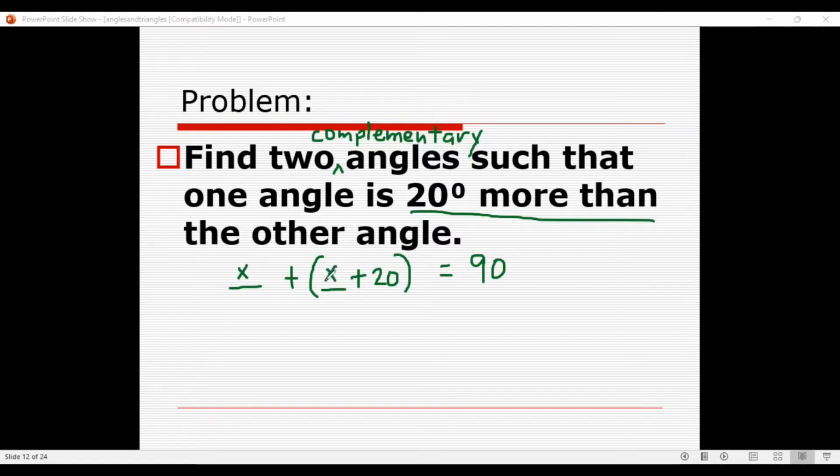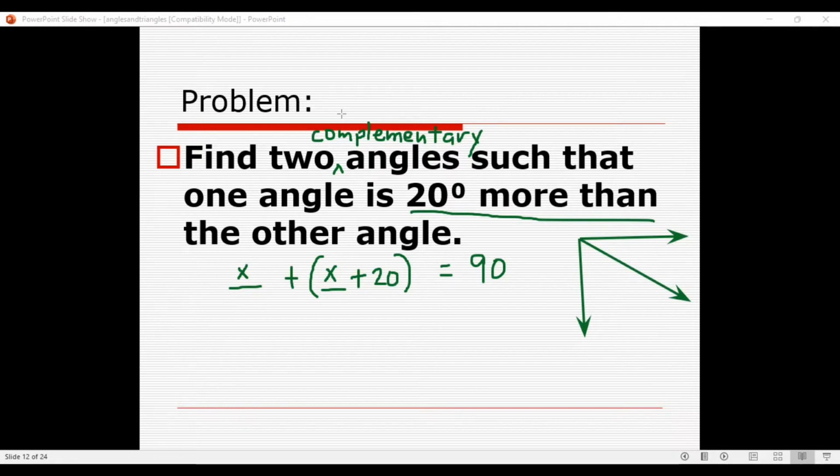Using our representation, we have x plus the quantity x plus 20.